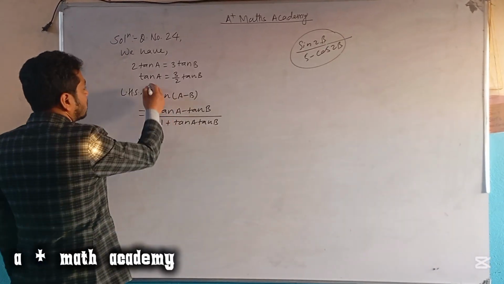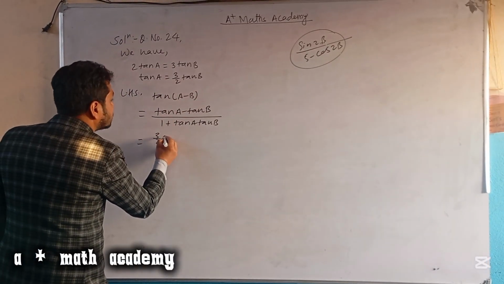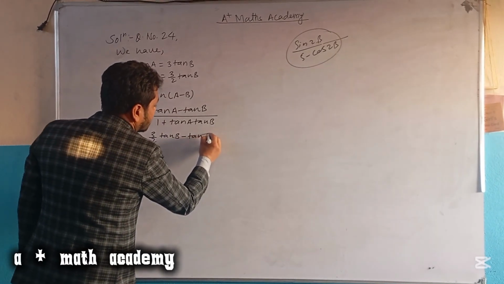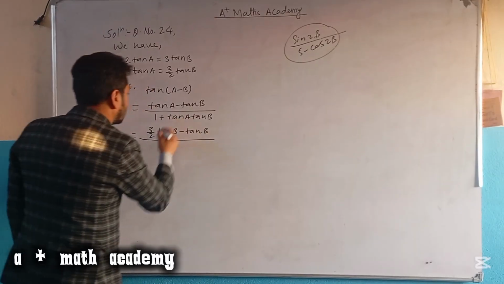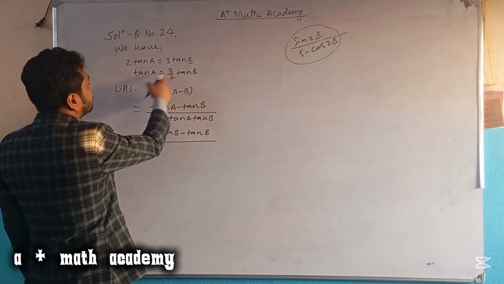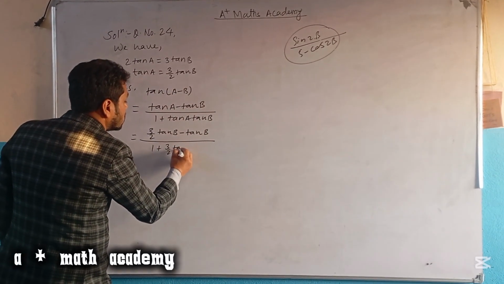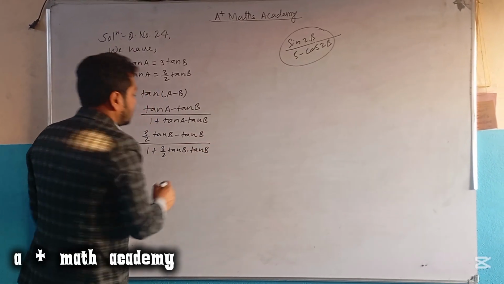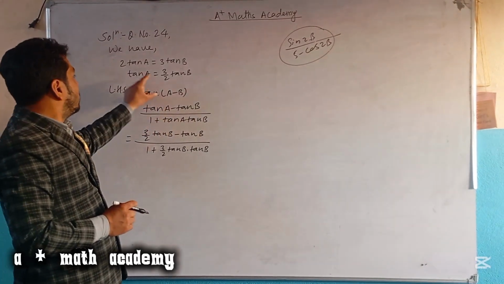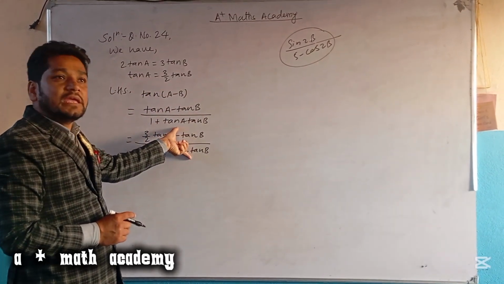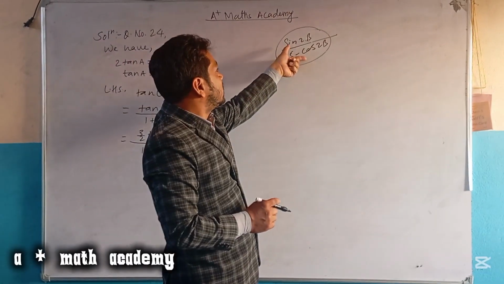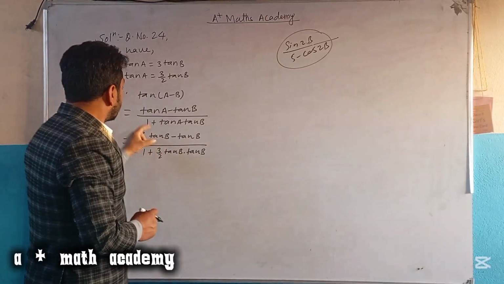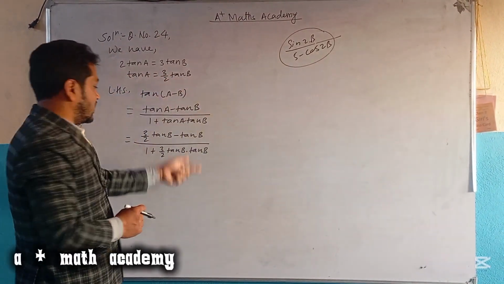Tan A equals 3 by 2 tan B, so 3 by 2 tan B minus tan B whole upon 1 plus 3 by 2 tan B dot tan B. Here we put the value of tan A in terms of B, because we have to prove the angle in B, so we are putting tan A in terms of tan B.